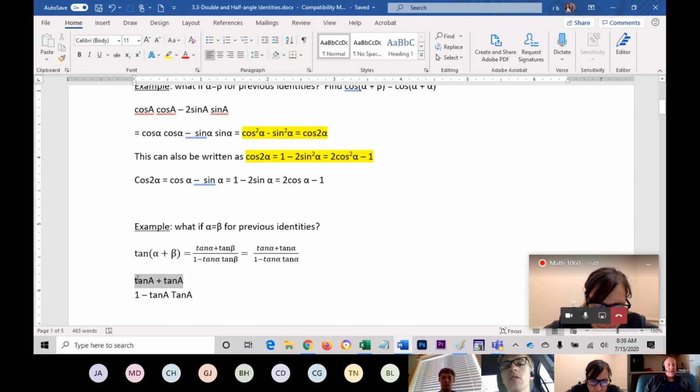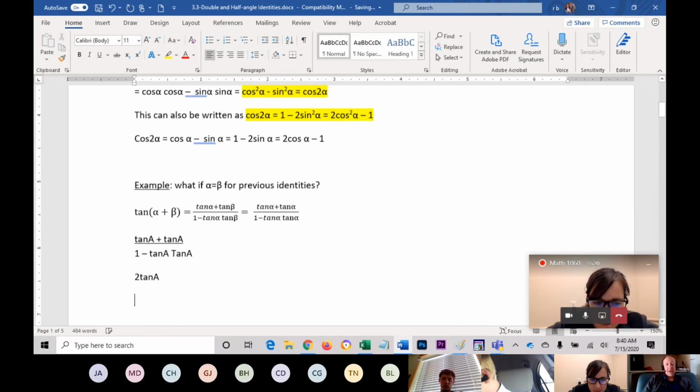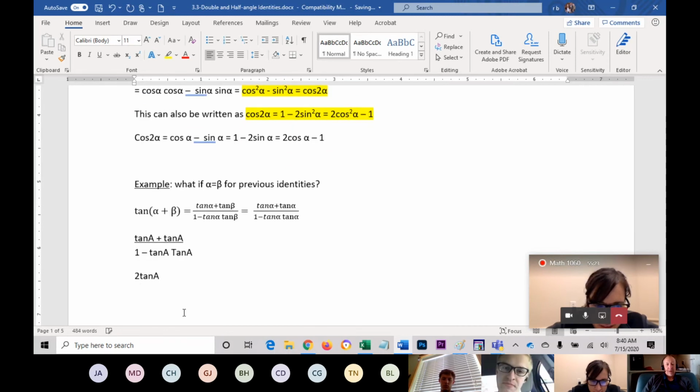Can you simplify this numerator here? What's the tangent of alpha plus the tangent of alpha? Oh, it's 2 tangent of alpha. And what's 1 minus the tangent of alpha times the tangent of alpha? 1 minus 2 tangent alpha?